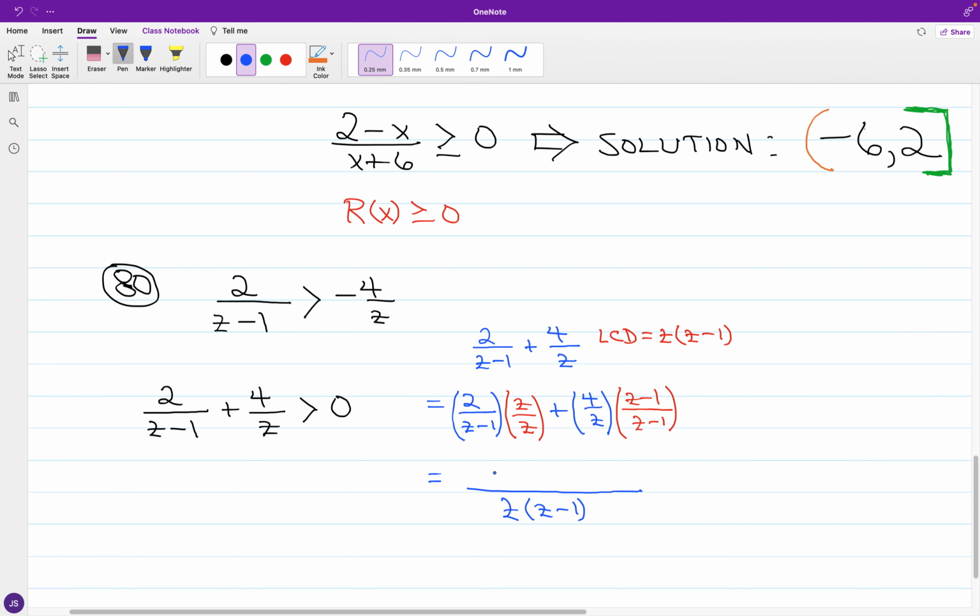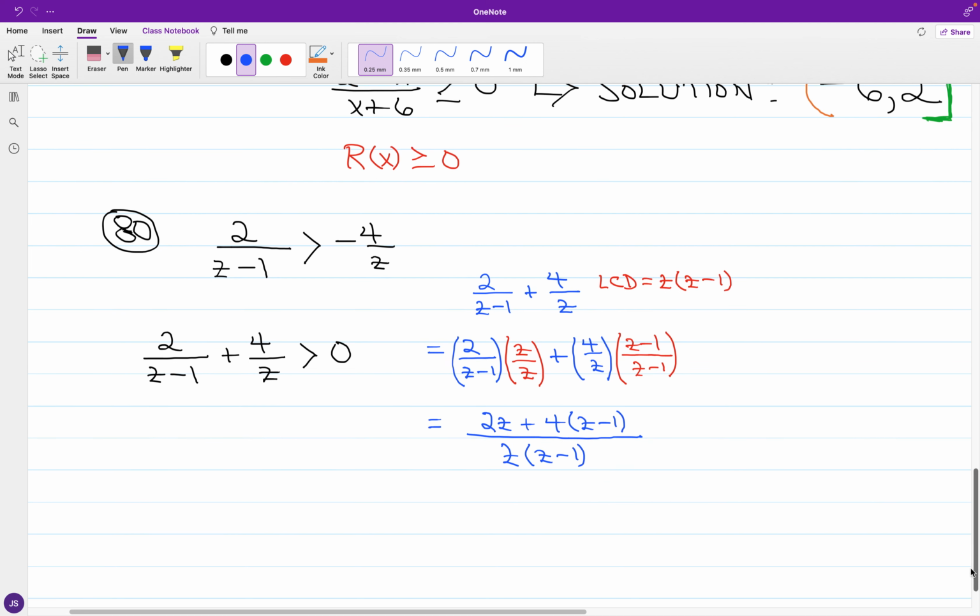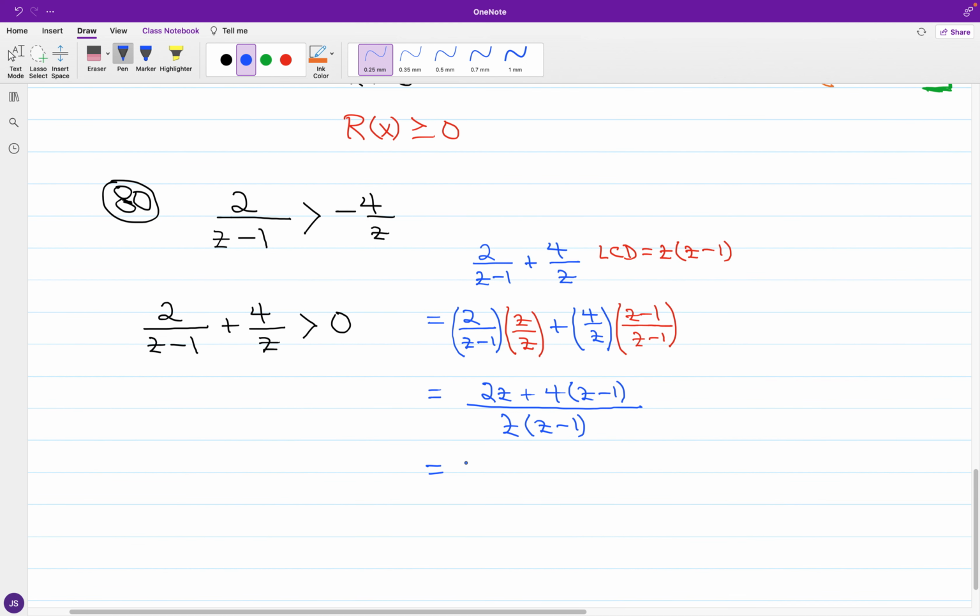And looking at putting together what we have, we got 2 times z, and we have plus 4 all over z minus 1. So we've got 2z plus 4z minus 4, and we have all over z times the quantity of z minus 1.